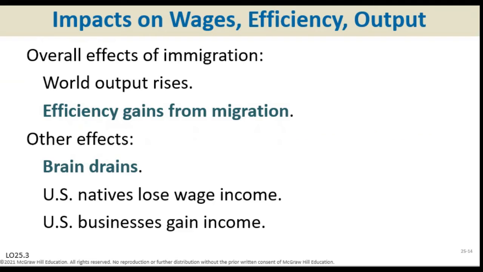So to that point, the United States encourages a high amount of immigration because of the benefit, while some other countries will try to prevent people from leaving because of that fear of decline or decreased output and business income. In general, countries often try to prevent highly educated individuals from leaving the country.